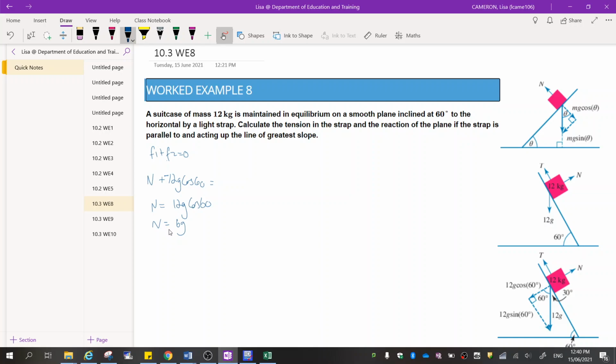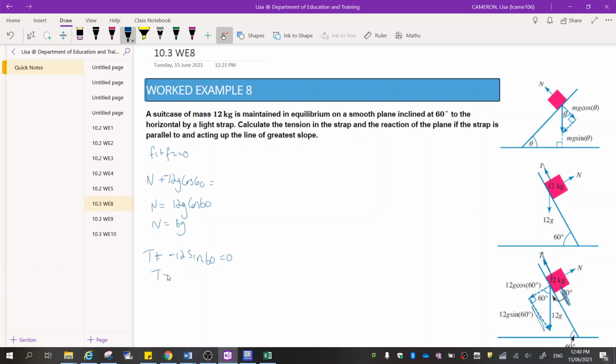Now when we're looking for the tension in the string, we're looking at this one here and its resultant force, which will be this one down here. So we're going to do the same thing again. T plus the other force, which is 12G sine 60, is going to be equal to 0, and our force is in the opposite direction, which is why it's going to be minus.